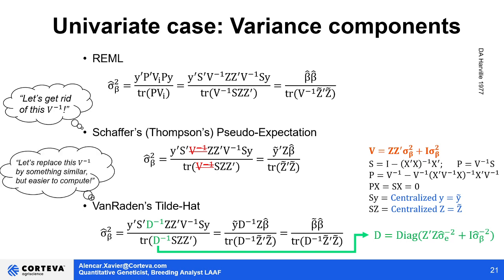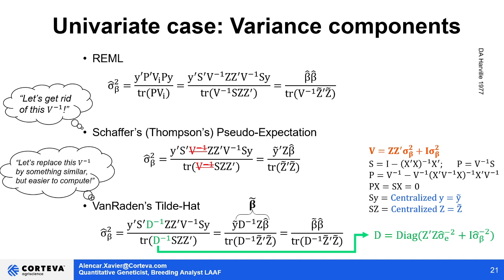And then a year later, Van Raden proposed that maybe we can do a slightly better job, not by getting rid of the V inverse matrix, but by replacing it with the inverse of the diagonal elements, which is much simpler to compute and yet can preserve some better statistical properties and keep it closer to the REML solution. Besides, if your model is close to orthogonal or unstructured, the tilde-hat will likely give you exactly the same solution as REML.